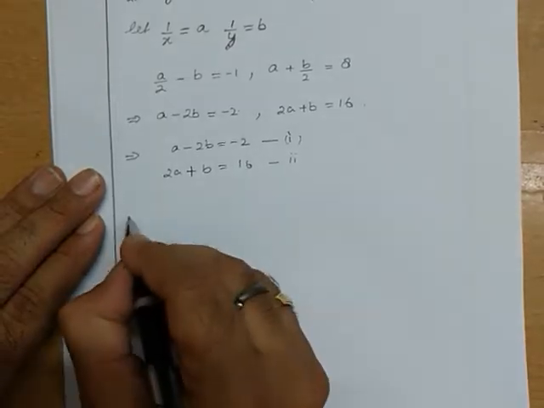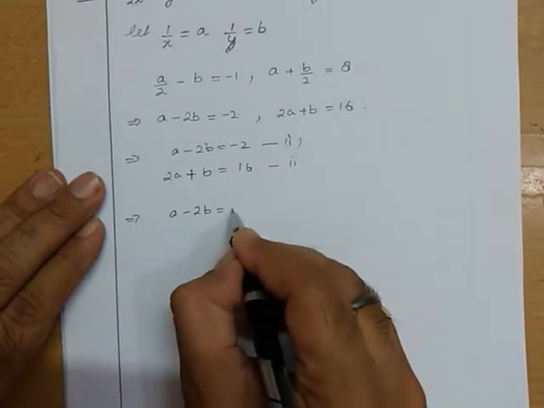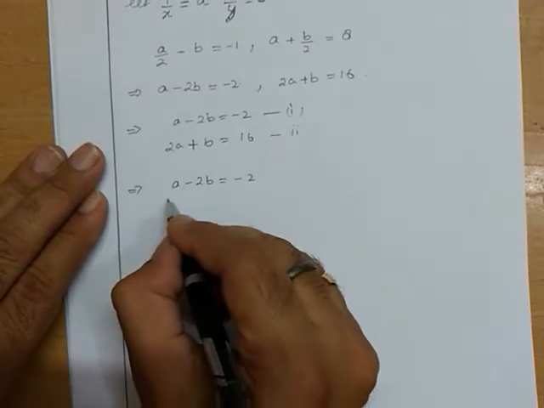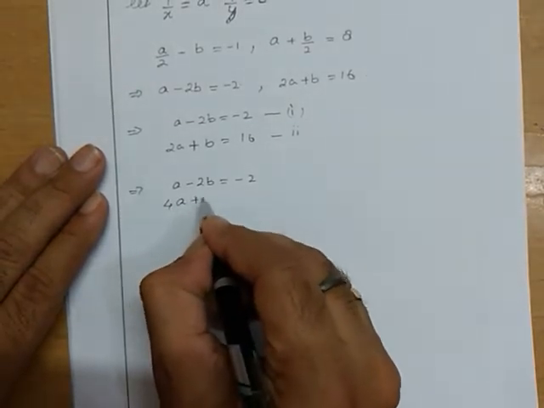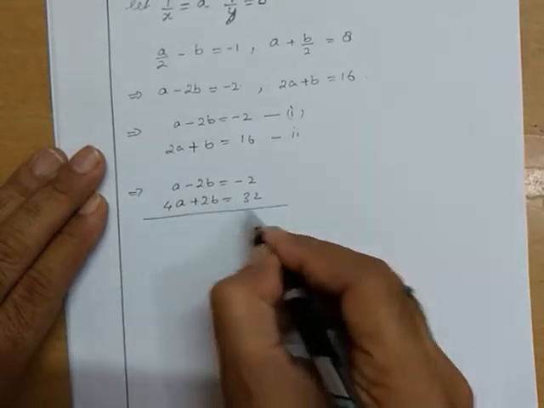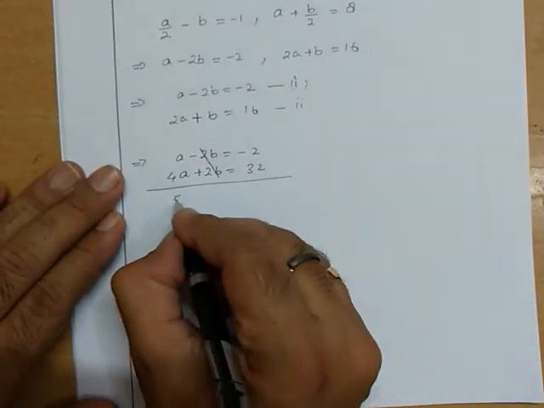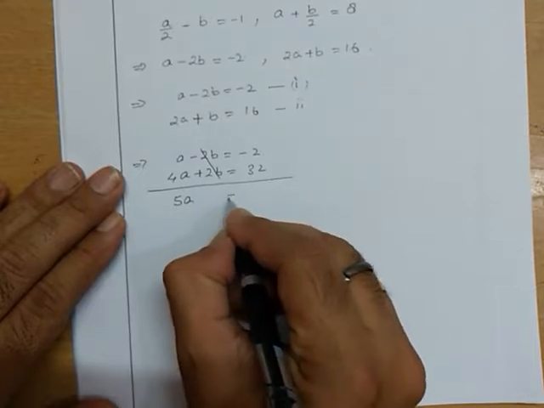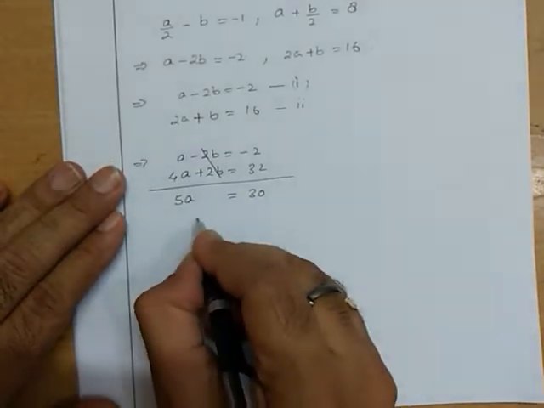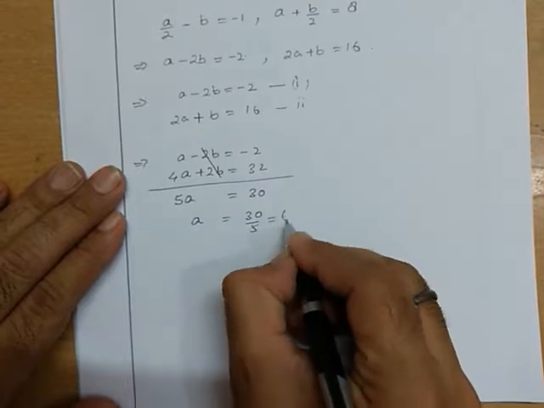So what we get here is a minus 2b is equal to minus 2, and here we get 4a plus 2b is equal to 32. Now we add them, so the b terms get eliminated. We get 5a equal to 30, and a is equal to 30 upon 5, that is equal to 6.